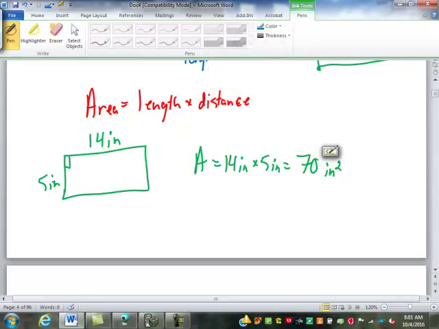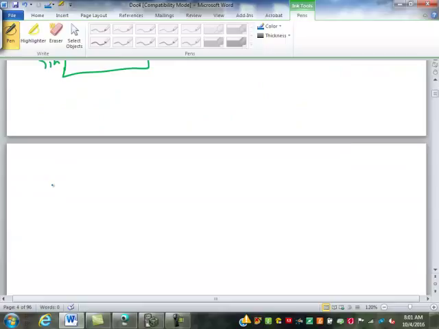But what if I don't pull it straight? What if I have my 14 inches here? Well, let's say this time I take it and I pull it at an angle. Well, this is not 5 inches across here, but let's say that the distance from here to here is still 5 inches.